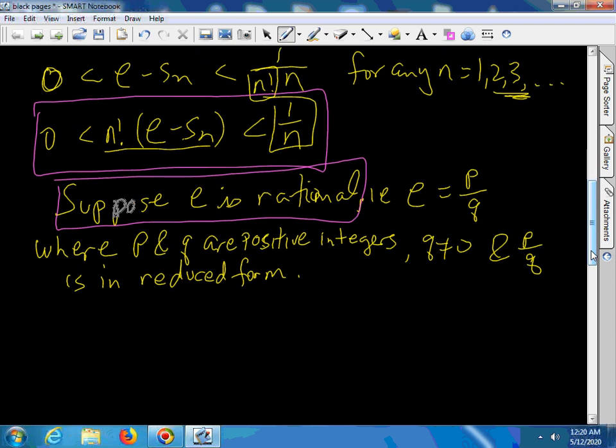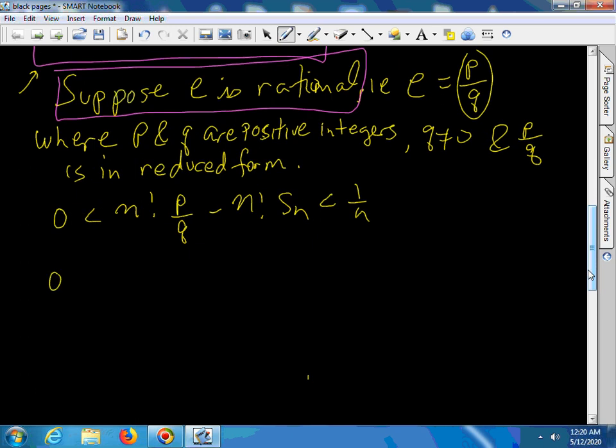So now, let us write down this equation. What's the new way of writing e? So we have 0 is less than n factorial times p over q minus n factorial times Sn, which is less than 1 over n.